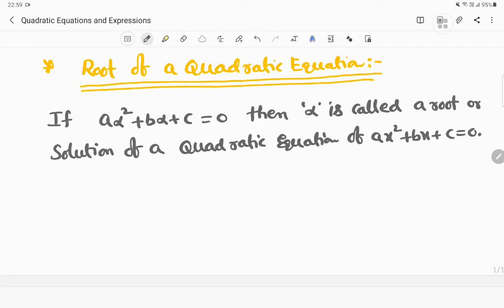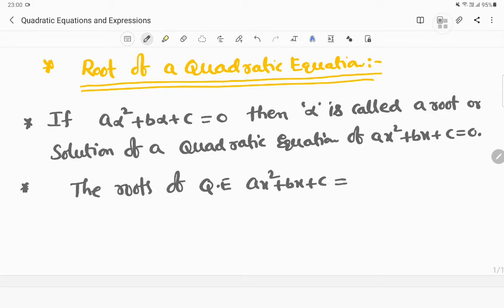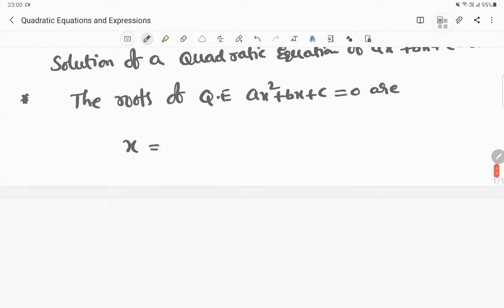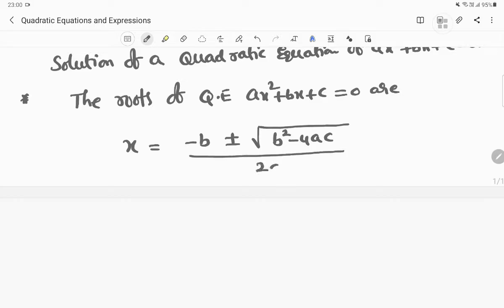So how to define the roots? The roots of the quadratic equation ax square plus bx plus c equal to 0 are x equal to minus b plus or minus root over b square minus 4ac divided by 2a.